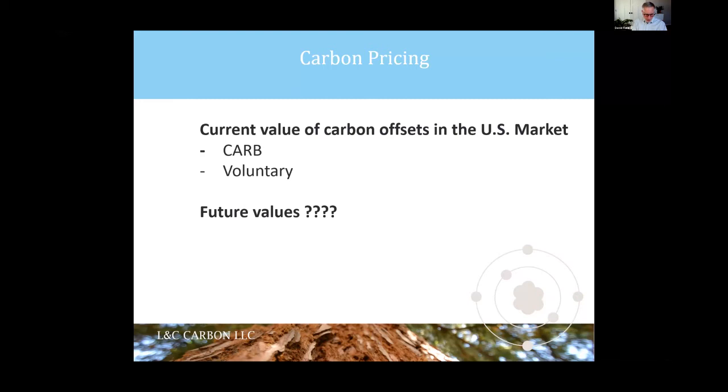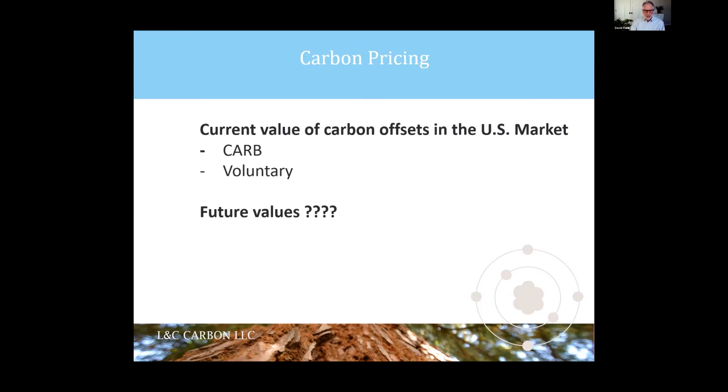So the future values are hard to predict. It's like trying to predict the price of oil or the price of a stock. But all the signs indicate that demand is growing and supply hasn't been growing as fast as demand. And there are some blockages in the pathway to develop and get projects third-party verified, which I can go into for those that are interested.